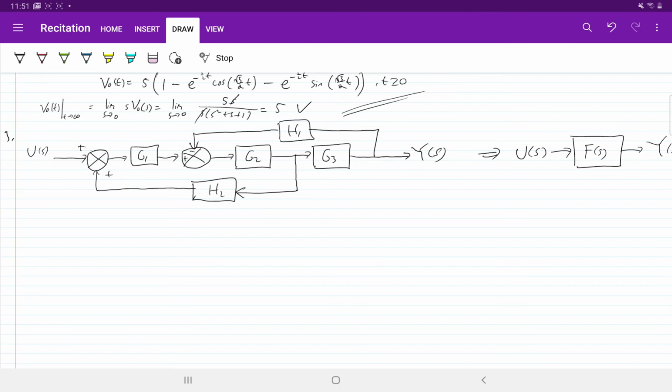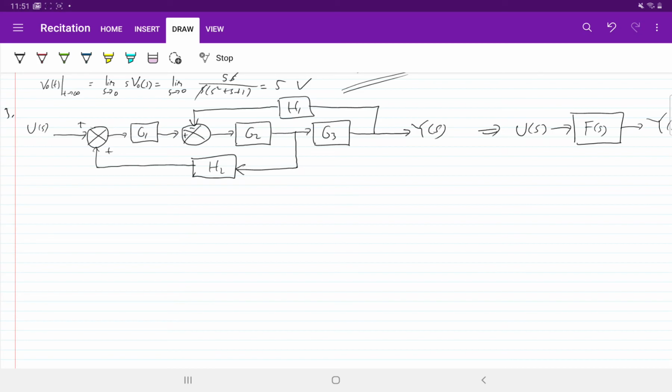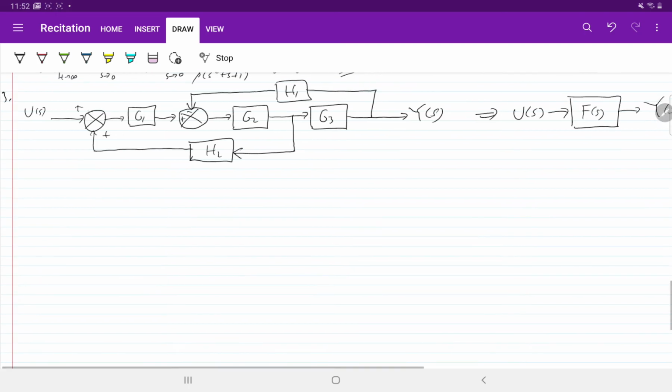There are some approaches that you can use to simplify it. What comes to my mind is, what if we move this connection here to the right side? Okay, let's do that.